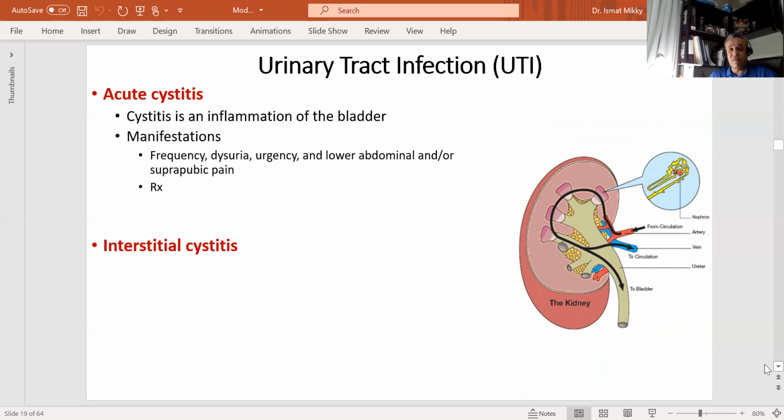When patients have acute cystitis, they would have frequent urination, dysuria, urgency, and lower abdominal or suprapubic pain. They would treat it with antimicrobials, antibiotics, increased fluid intake, avoiding bladder irritants, and some urinary analgesics.